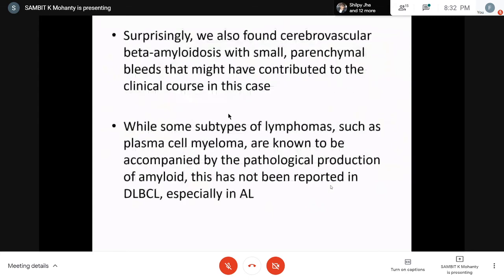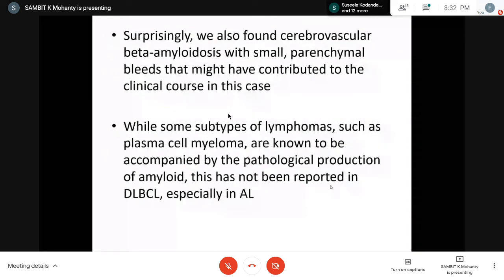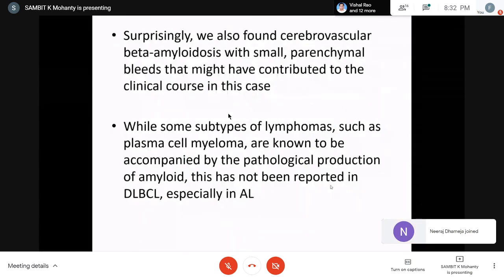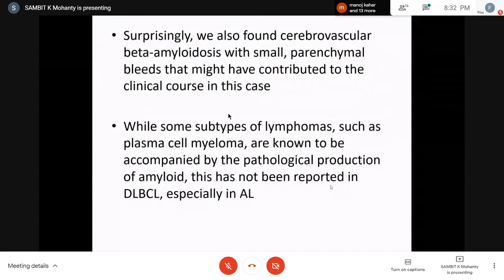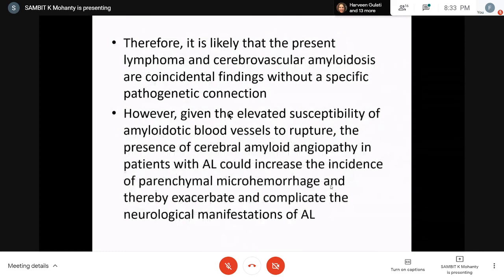So we found cerebrovascular beta amyloidosis with small parenchymal bleeds that might have contributed to the clinical course of these patients. While some other lymphomas such as myeloma are known to be accompanied by pathologic production of amyloid, it has not been reported till date in DLBCL or angiotropic lymphomas. Therefore, it is likely that the patient's lymphoma and the cerebrovascular amyloidosis are coincidental findings without a specific pathogenic connection.